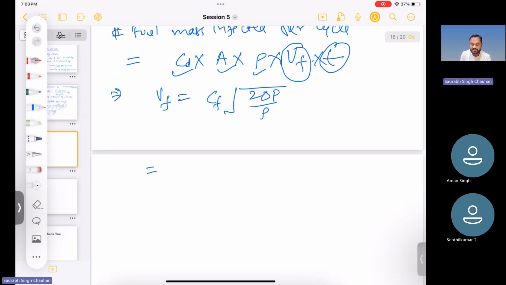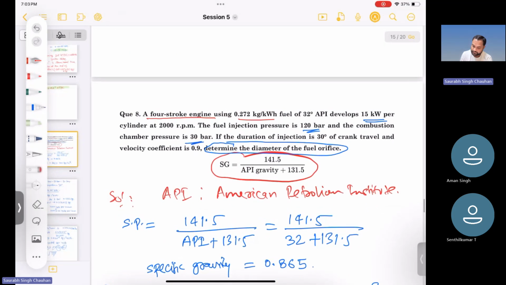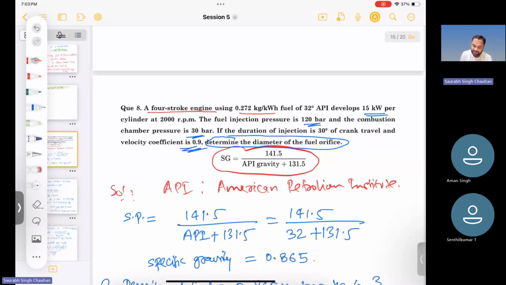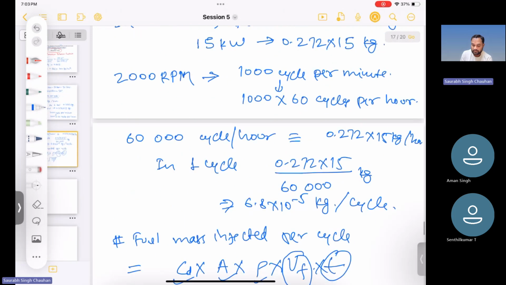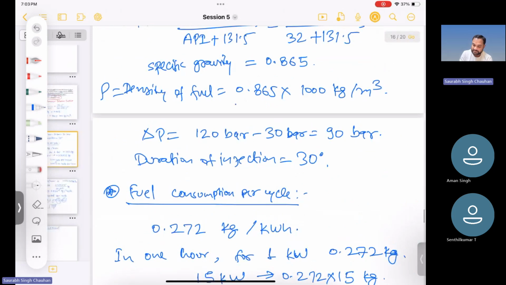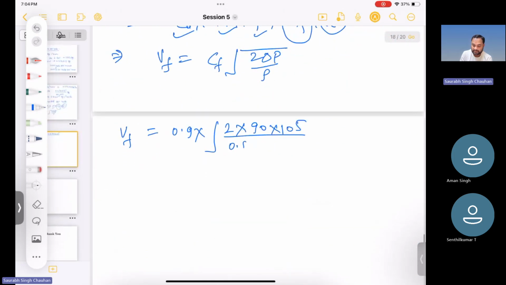The velocity coefficient is 0.9, so 0.9 times 2 into delta P. We have just found it is 90 bar, and density is 0.865 into 1000 kilogram per meter cube.